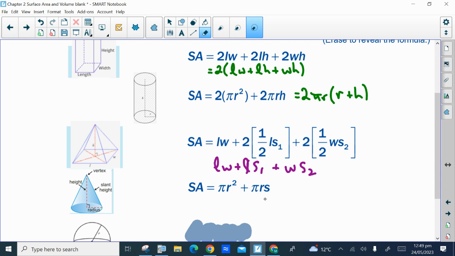So that means the pi rs part will be the area of the rounded side, the lateral area of a cone. And once again, we can factor this, take out a common factor of pi r, and you're left with r plus s if you factor it. But the original one, pi r squared plus pi rs, that's the one that's on your formula sheet if you look.